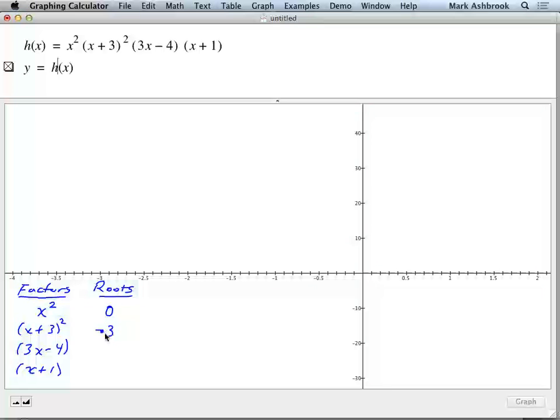And then 3x minus 4. What x value will make it 0? So if you're not sure, you can go ahead and solve it. Do 3x minus 4 equals 0 and solve for x. And you get 4 over 3. 4/3. Last one. X plus 1 gives a root of -1.